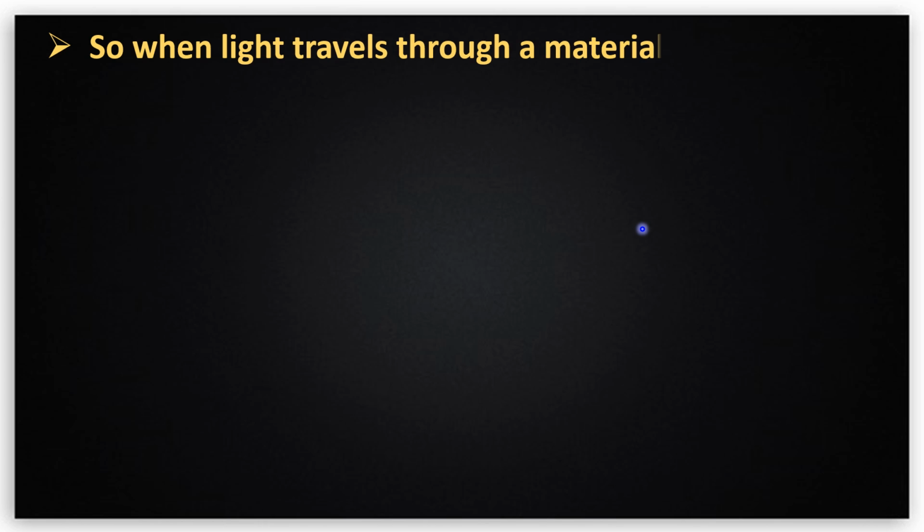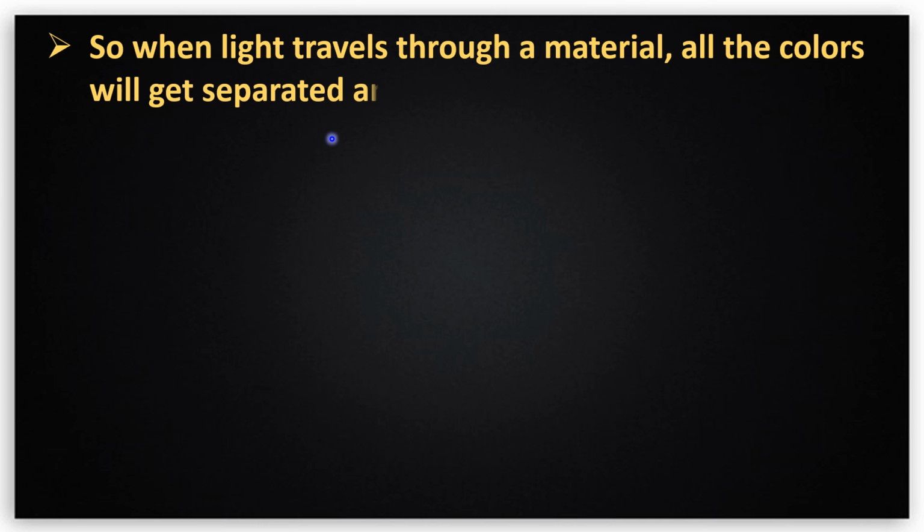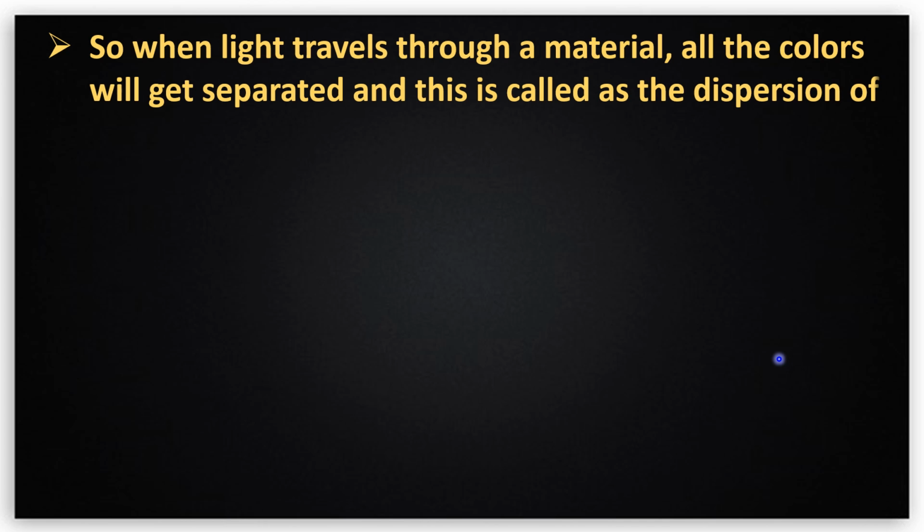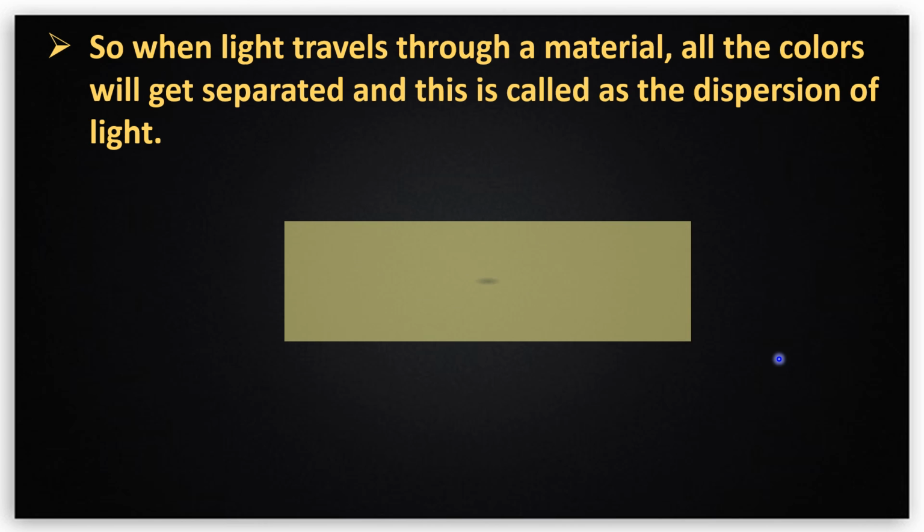So when light travels through a medium, all colors get separated due to the different refractive indices of each color, and this is called the dispersion of light. See here, we have already seen it.